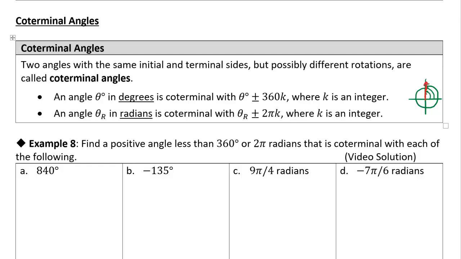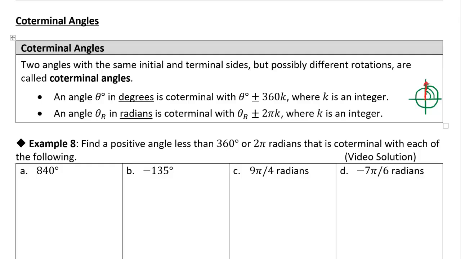Now in radians, you would add 2 pi any number of times to the angle, and then you would get a coterminal angle. So in general, we can find coterminal angles by taking an angle and adding or subtracting 360 degrees any number of times. For an angle in degrees, we can add 360 times k, where k is an integer.